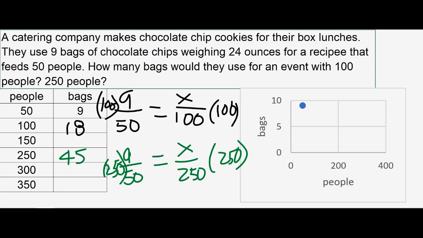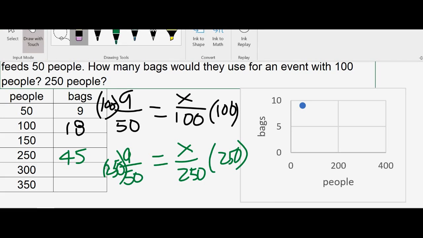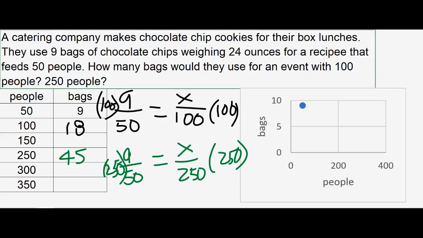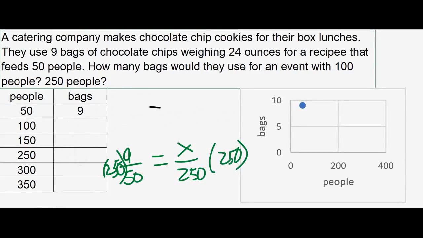Well, hopefully by now you kind of see a pattern. Whatever number of people we have, we're going to multiply by 9 over 50. So when we think of this in terms of direct variation, we're going to go directly to that point.